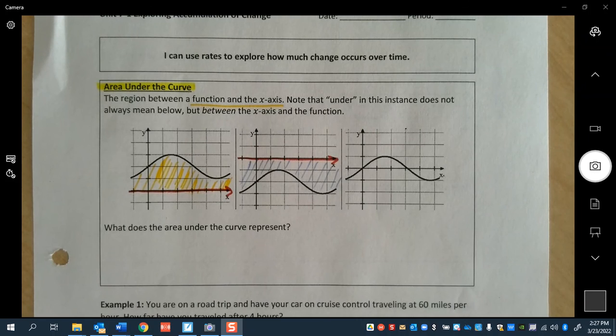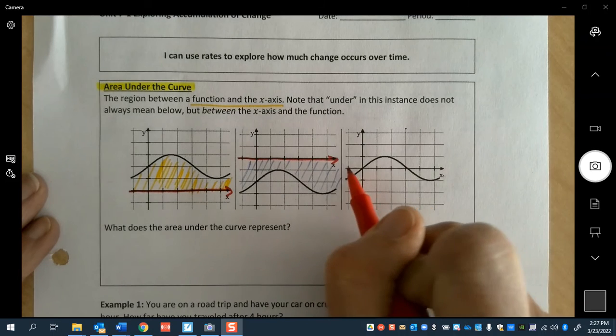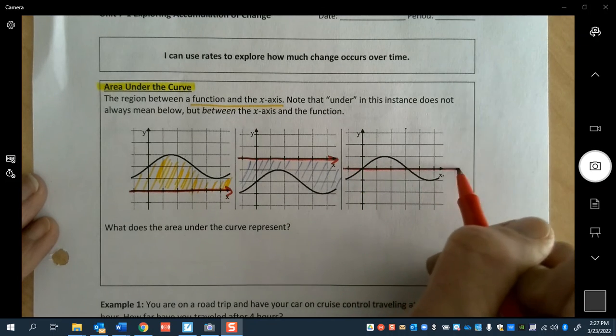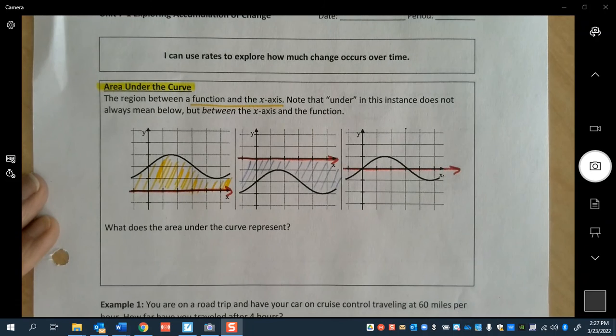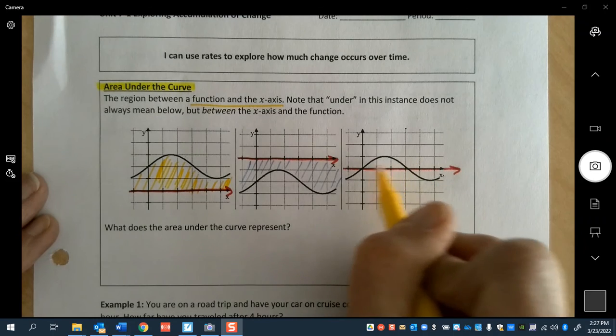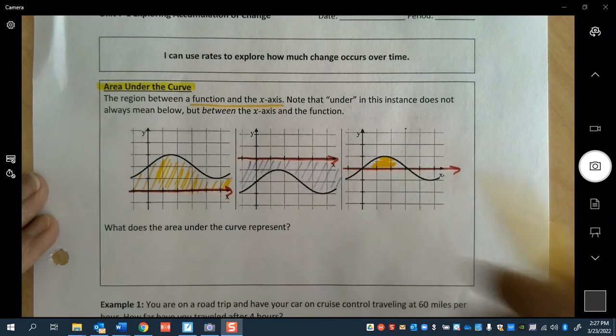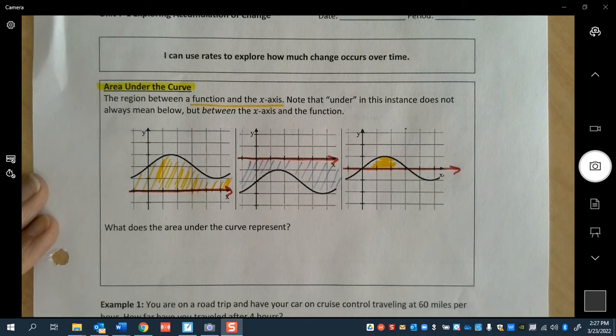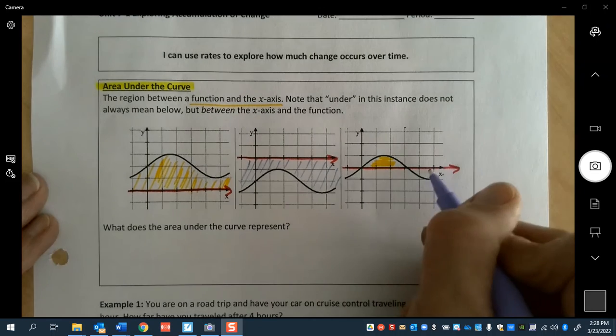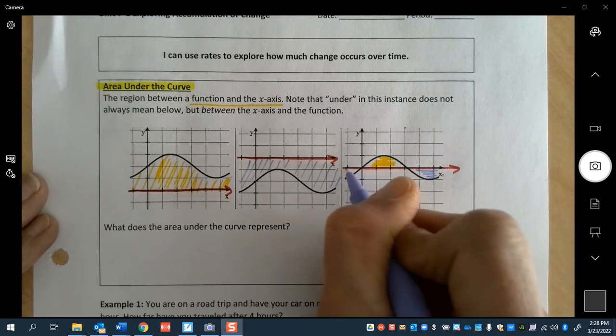So when I'm talking about a curve that fluctuates above and below my x-axis, I'm talking about everything above, between the curve, and everything under.